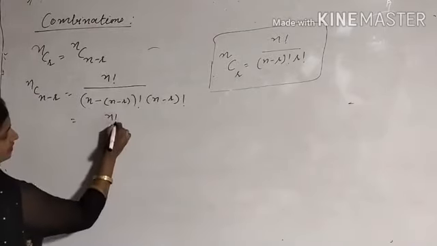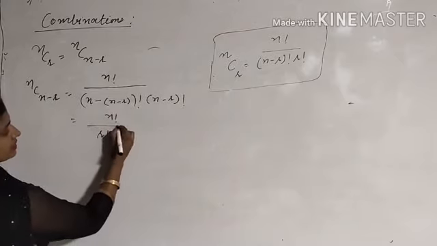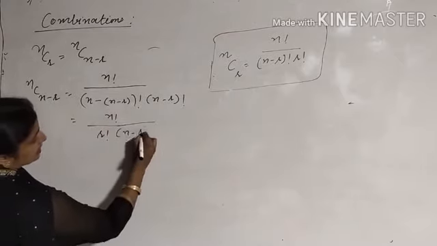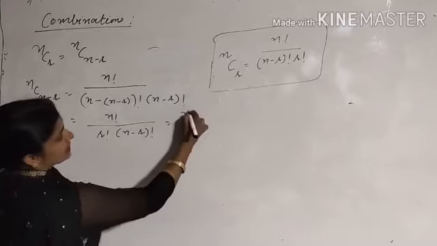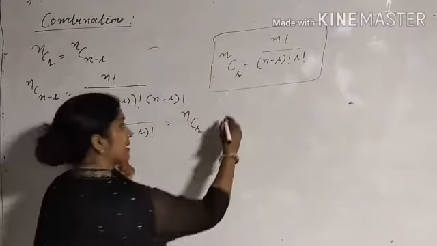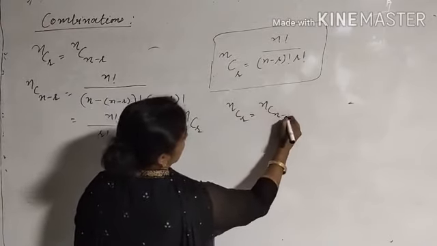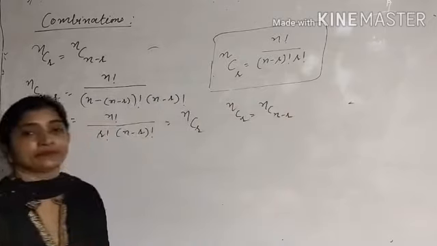So this is n factorial upon R factorial into n minus R factorial, and this is the same as NCR. So you can keep in mind as a formula that NCR is NC n minus R.